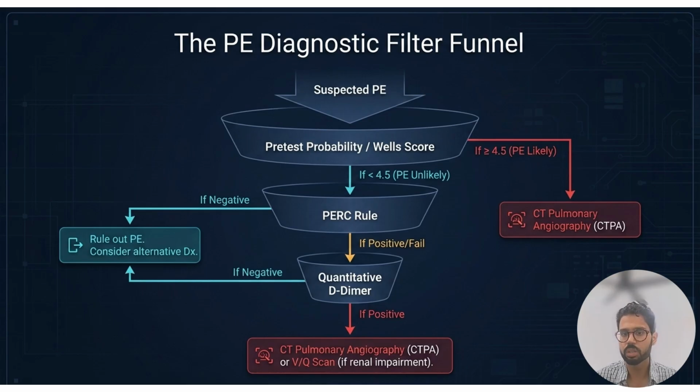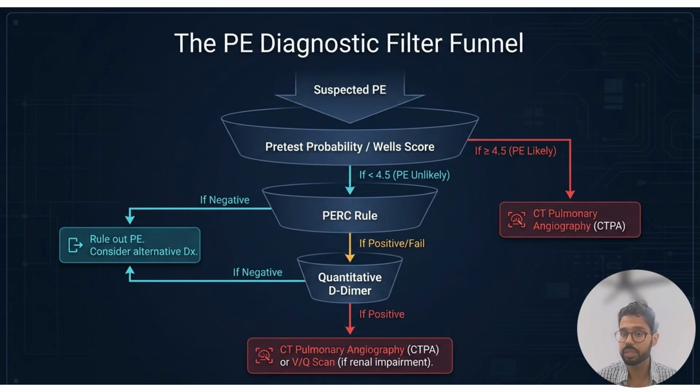When your Wells score is less than 4.5, then we apply the PERC. If all of the 9 criteria of the PERC rule are present, so all of them are negative, we can effectively say the patient doesn't have any of those factors, then we can rule out PE and consider an alternative diagnosis.